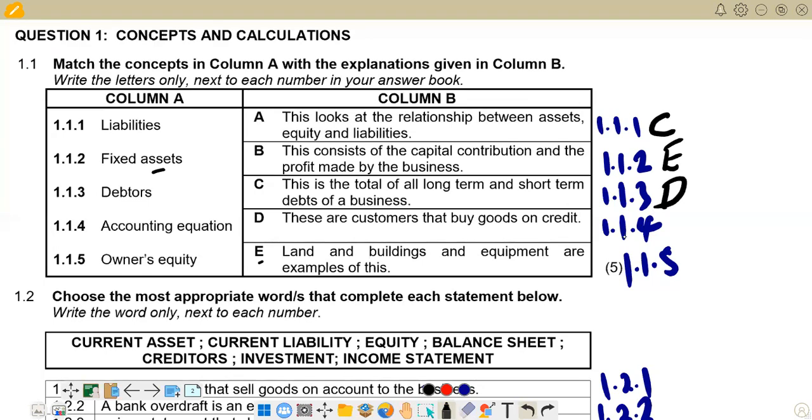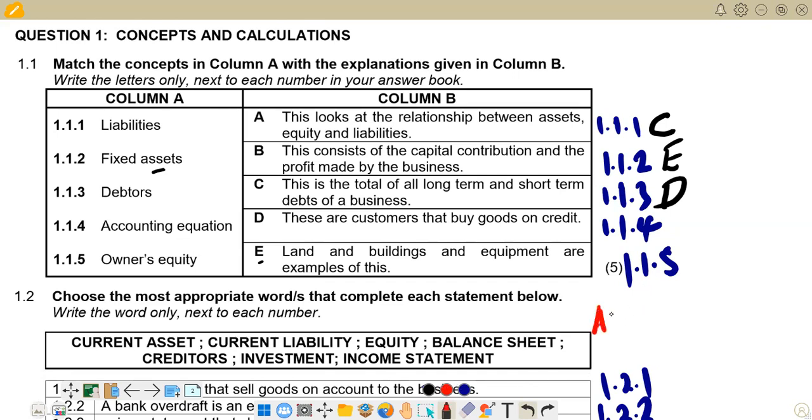And then we go to 1.1.4, which is saying the accounting equation. Remember, it has three main elements. We've got assets, we've got equity, and we have liabilities. We can present this accounting equation in the form of a formula.